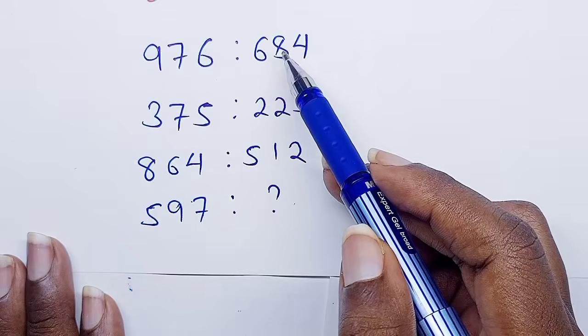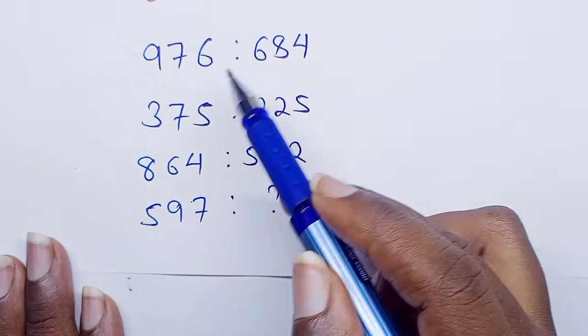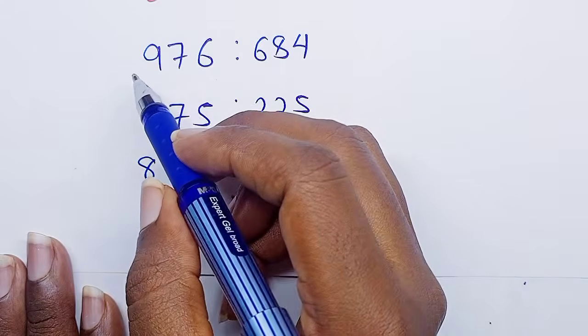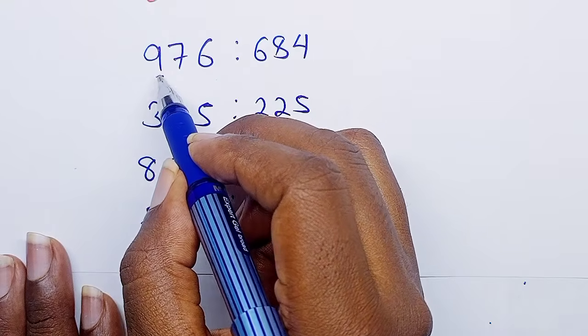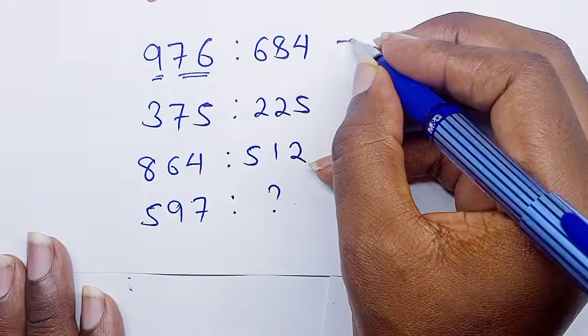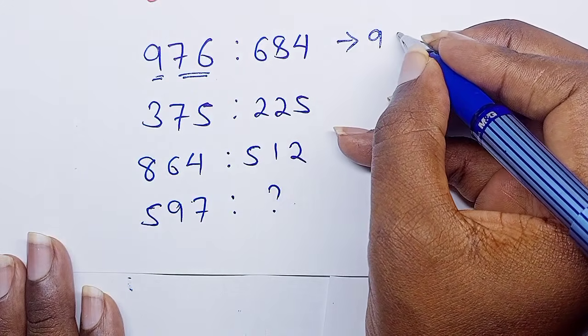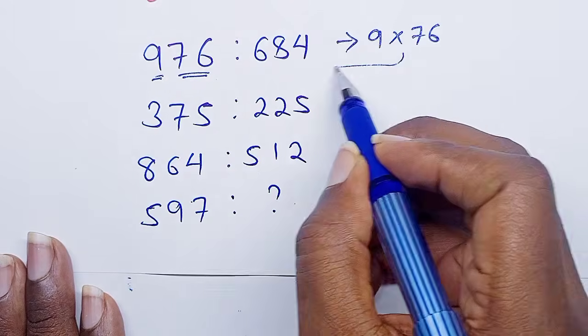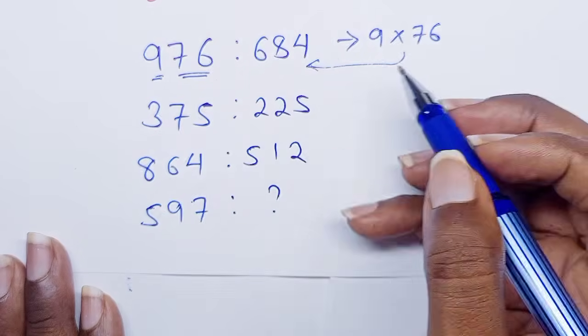So this to this, this to, what do you think the logic here is? So the logic here is get the first term and multiply it with the second two terms. So this is 9 times 76. When you multiply 9 times 76, you get this value, 684.